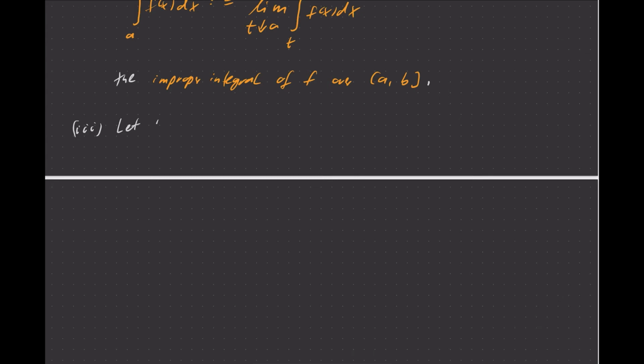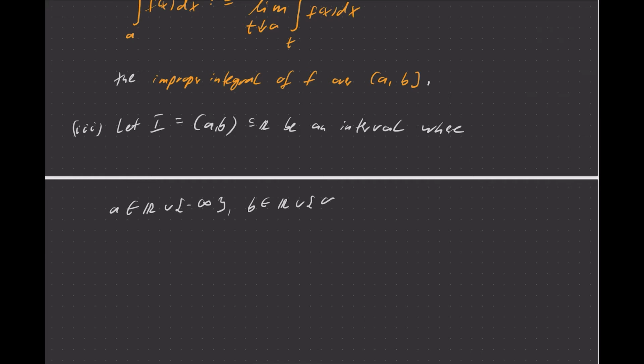So formally, let I equals (a, b) be an interval where, again, a could be a real number, but could also be minus infinity. b could be another real number, but could be plus infinity.